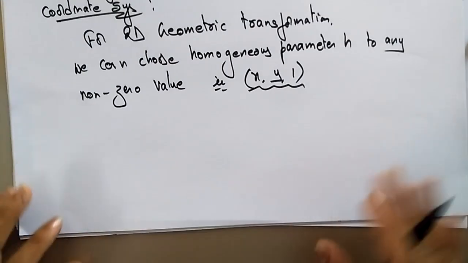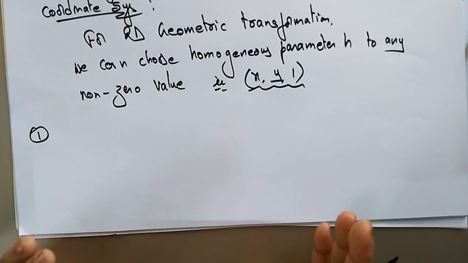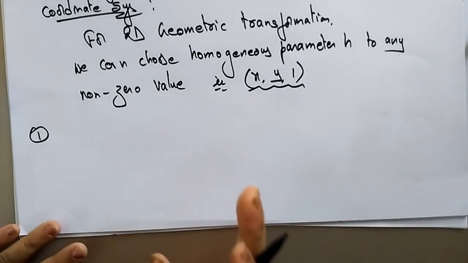Now let's see the homogeneous coordinates for translation and rotation.